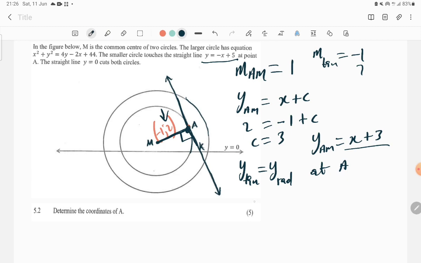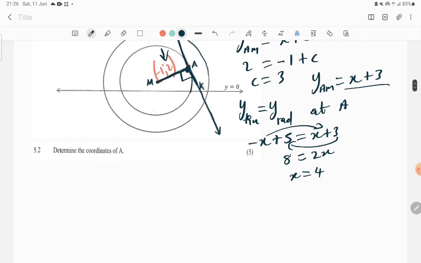So what are we having? We have -x plus 5, which is the equation of the tangent, is equal to x plus 3, which is the equation of the radius. Therefore after that, we just take this x to this side, then we have 2x, then we take this 3 to the other side, then we have just 8. Then our x becomes just 4.